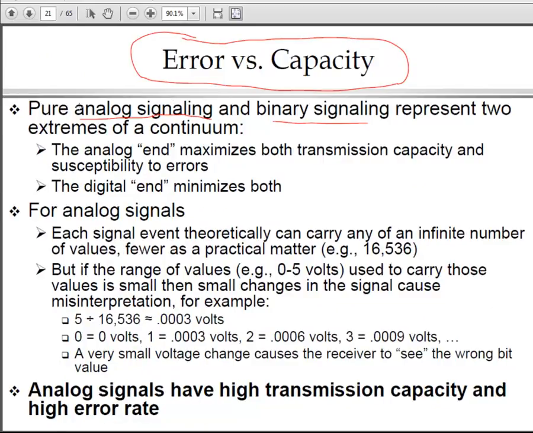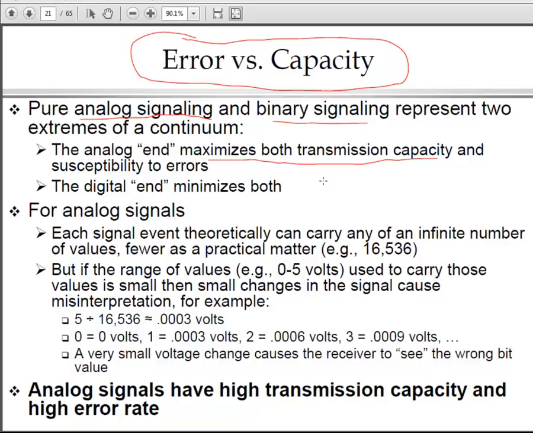Okay. Analog signaling, by its very nature, is maximizing transmission capacity. Because, once again, in theory, during each signal event, define that however you want, say 1/1,000,000th of a second, I can, in theory, put through an infinite number of different numeric values encoded as variations in whatever parameter I'm playing with on that signal.